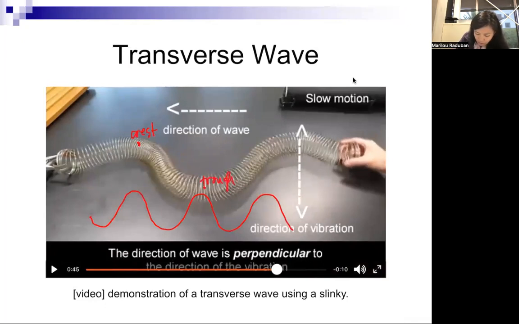The displacement relative to the equilibrium position is the amplitude, and the wavelength is the distance between two crests or two troughs. So that will be the wavelength for the wave.